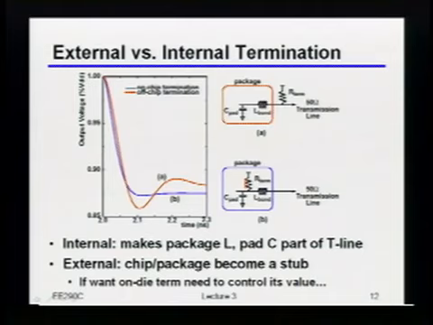Because the reason for that is that if you put this resistor on the chip, then the inductance that you get either from your bond wire or your C4 bump or whatever it is that you have to get from the chip out through the package and into the PCB, and the capacitance sitting on your pad, this looks a lot more like the transmission line, right, if I put the termination here. Whereas if I put the termination out over here on the package, I kind of have this stub.